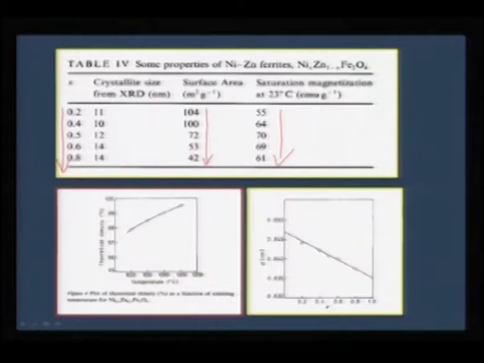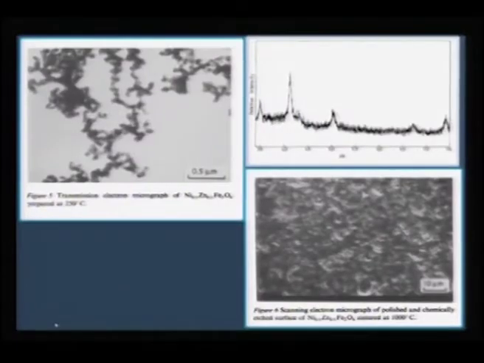These powders can be densified, and the densification profile clearly shows that you can get nearly 100% sinterability in these compounds because of their fine reactivity. This TEM micrograph shows very clearly these are all of the order of 50 nanometers, and the scanning electron micrograph of the nickel zinc ferrite shows that this is a nanophase powder because of the X-ray broadening.